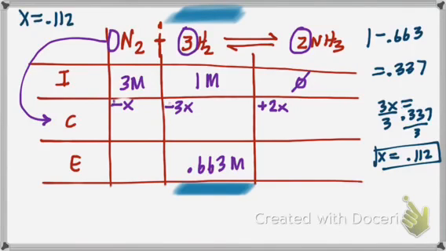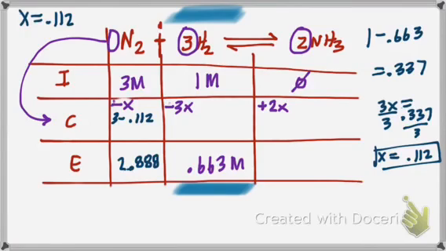Alright, so now I can start doing some stuff. If I've got 3 molar minus 1x, then the math there is 3 minus 0.112, and when I put that in the calculator, it's going to be 2.888, and I'm going to go 3 places past the decimal today because that's what we started with.